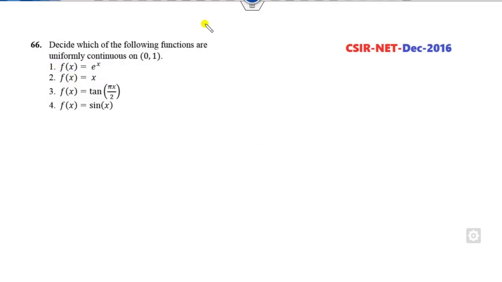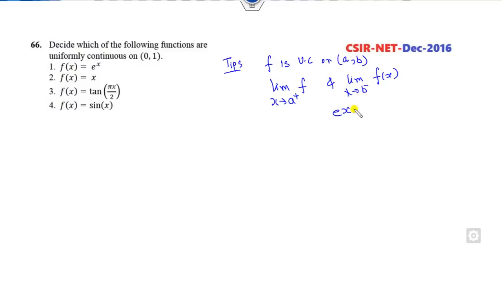Okay, which of the following functions is uniformly continuous? This tip is already given to you. F is uniformly continuous on the closed interval a comma b when you prove that the limit as x approaches a positive of f(x) and the limit as x approaches b minus of f(x) both exist. If both exist, then you can say it is uniformly continuous.